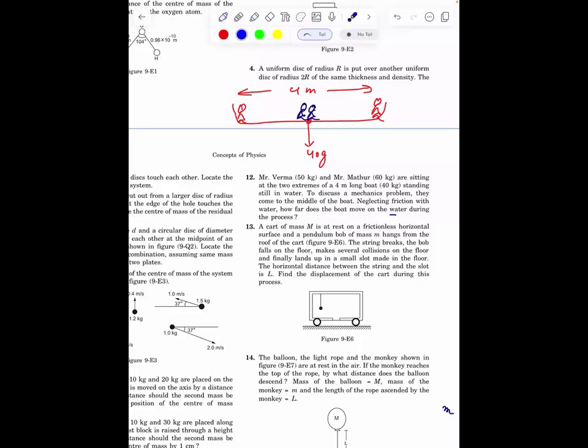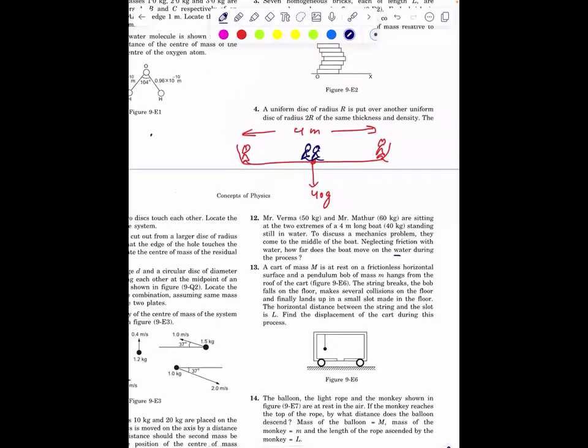So if I'm taking the whole as a system, Mr. Verma, Mr. Mathur and boat, is there any external force acting on the system? Yes or no? Tell me. No, sir. Take the whole as a system; don't take only Verma as a system, don't take Mr. Mathur, don't take the boat. Take the whole as a system. No external force.